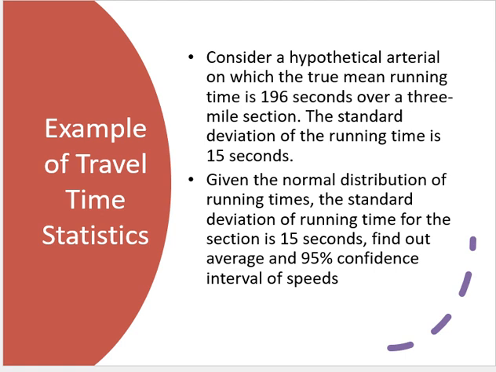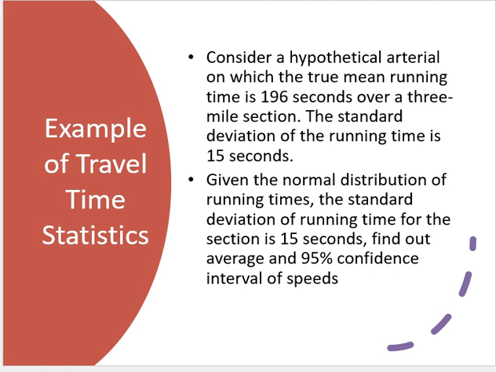Which is not a bad assumption because we said earlier any real world data with enough samples should follow normal distribution. So with this assumption, they are asking us to calculate the average and 95 percentile of speed.